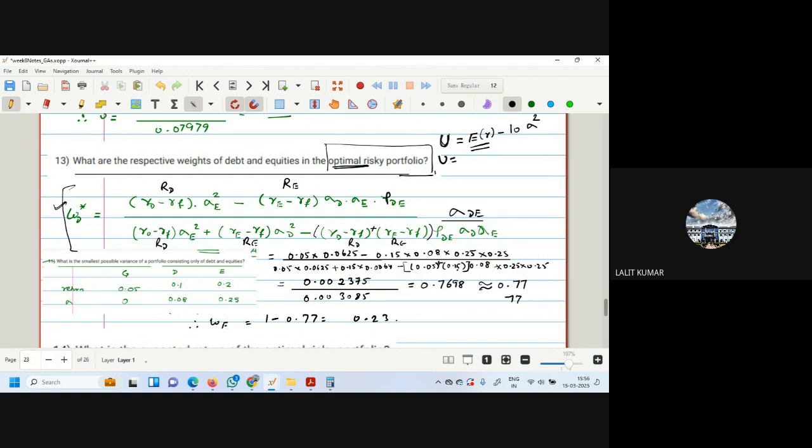Is that okay? Whenever they ask for optimal risky portfolio, right? If you forget this formula also, you can do this question.